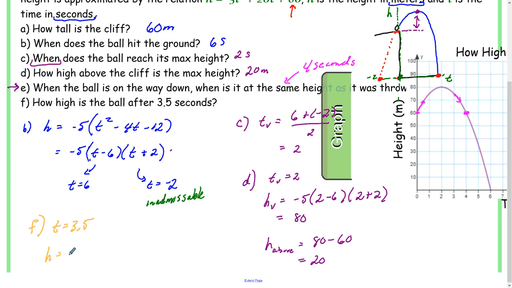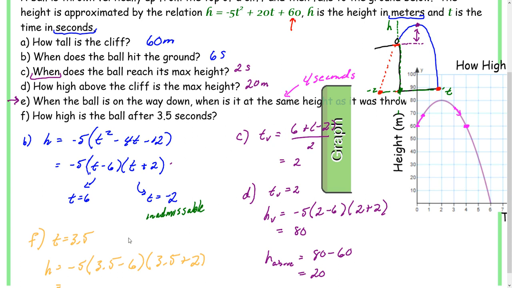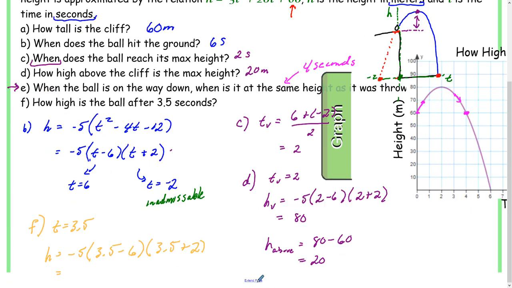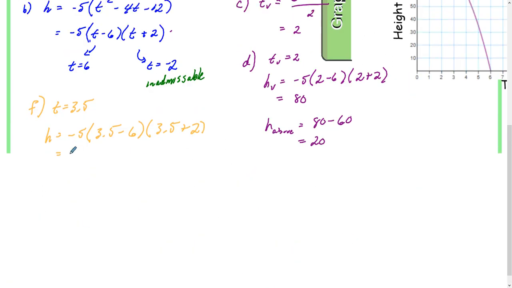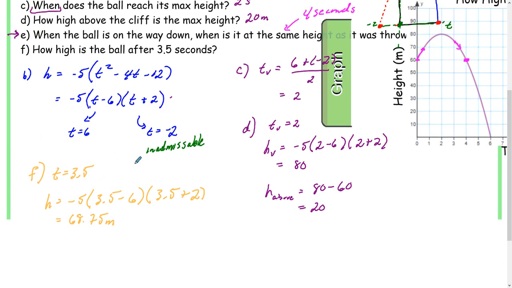So height is going to be -5 times 3.5 subtract 6, 3.5 plus 2. And let me see, this should give you a height of 68.75 meters. Okay. And then you can just write the answer in right here.